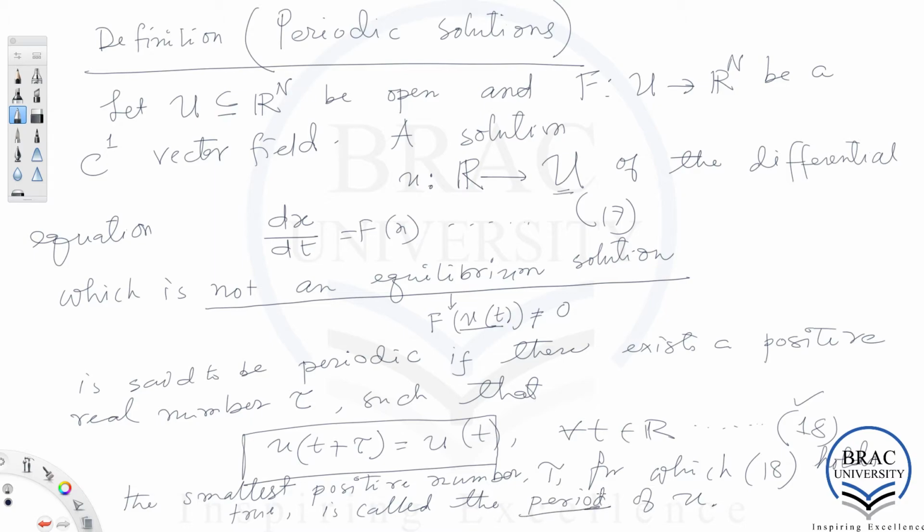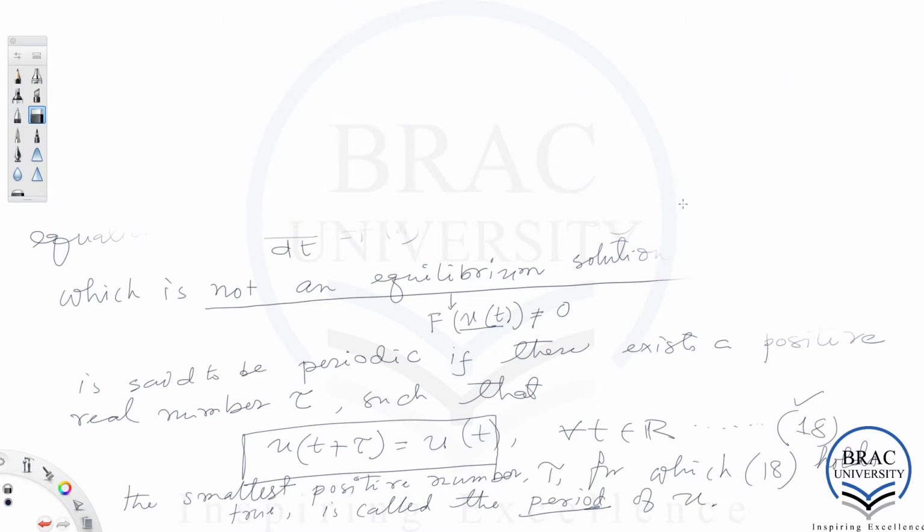Okay, now we will discuss an example in the context of this periodicity and cycles. Okay, let me erase everything and work out the example. Example 1 of the 5th lecture.